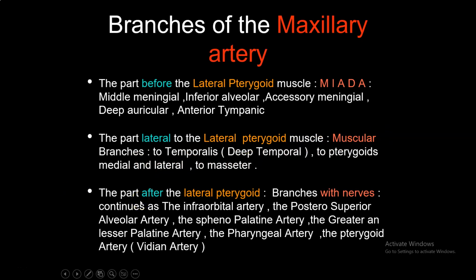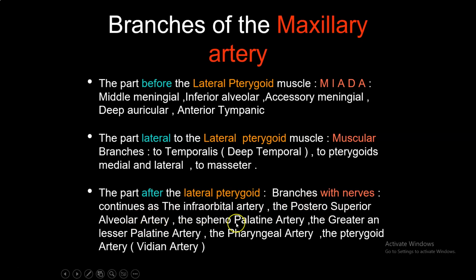The part beyond the lateral pterygoid, or the third part, has branches with the nerves. So Mayada, muscular branches, then branches with the nerves: it continues as the infraorbital artery, if you remember, in the infraorbital canal with the maxillary nerve, and the posterior superior alveolar artery. We'll see it now, don't panic.